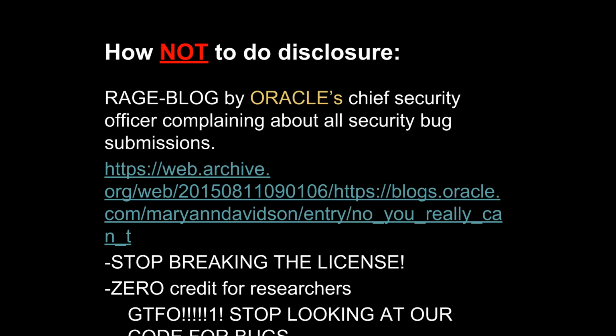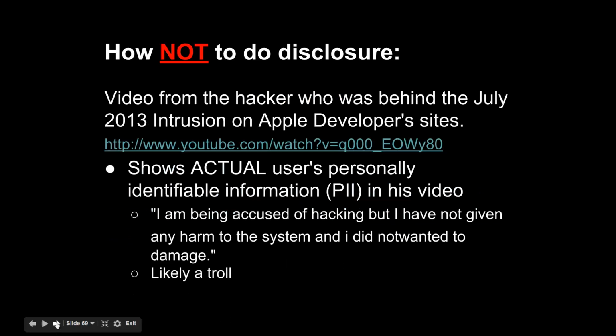And she goes on about a bunch of other topics, and her argument is utterly unconvincing. But it gives a lot of insight into how this company handles security research, both internally and externally. And I propose it as one of the bad examples, in my opinion.